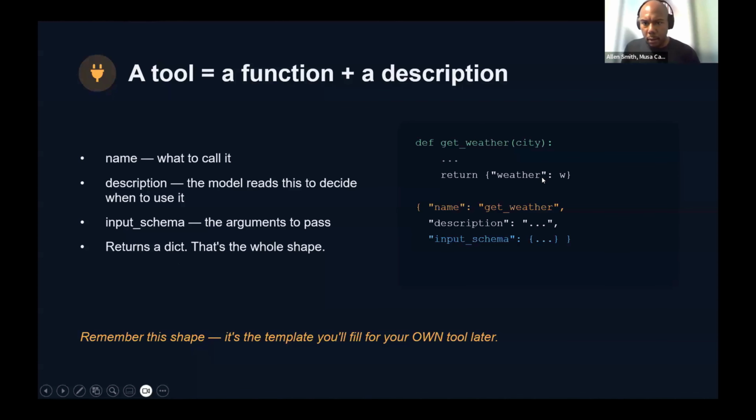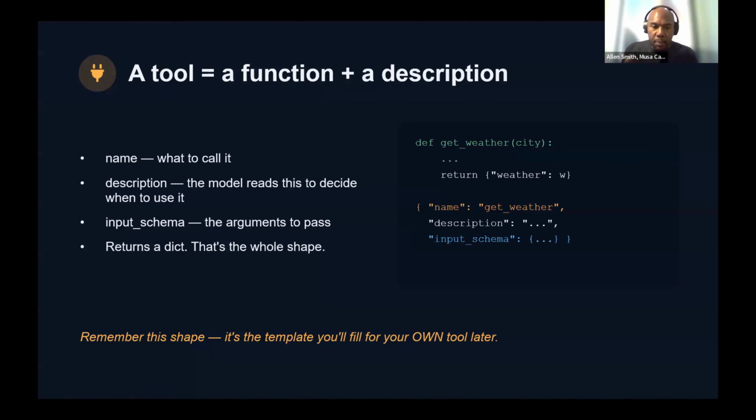Let me go back to the slides real quick. This is our anatomy of a tool call. The name is what to call it. The description is what the model reads to decide when to use it, so when does this tool get called?